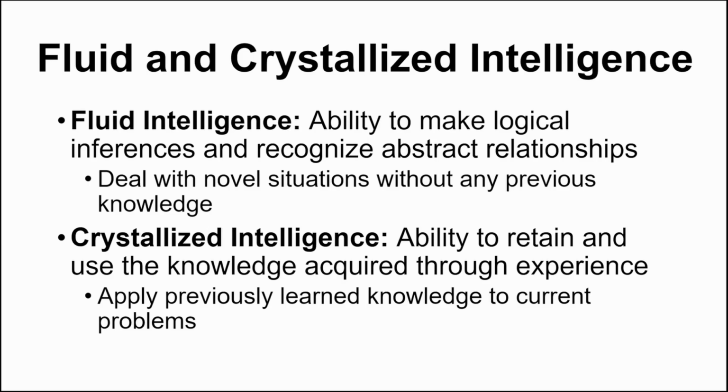So, we can use previously learned knowledge in order to solve current problems or to recognize current patterns. So, as we get older, we've encountered more situations, more scenarios, and therefore we have more knowledge at our fingertips. So we're able to solve problems using that broader pool of experience, and we don't have to rely on creative thinking as time goes on.